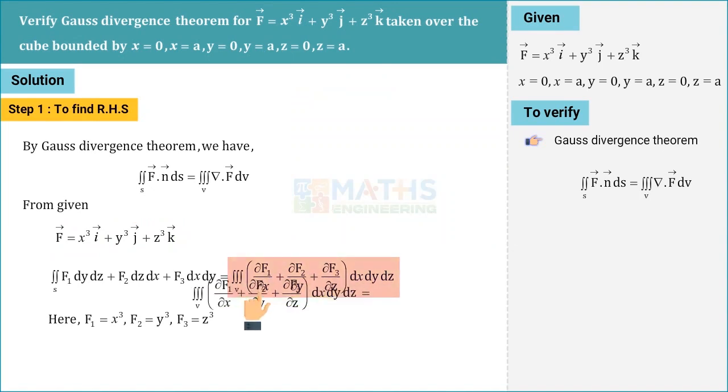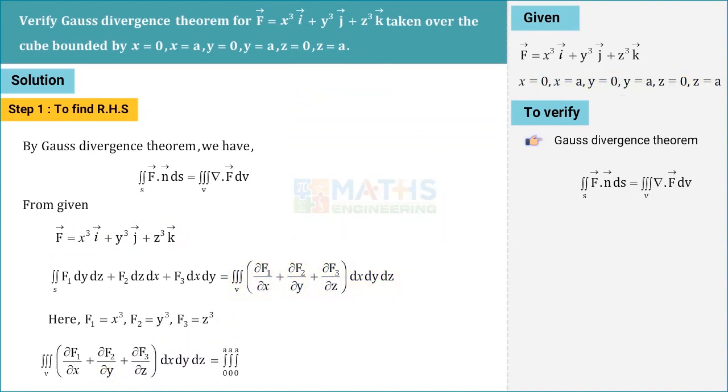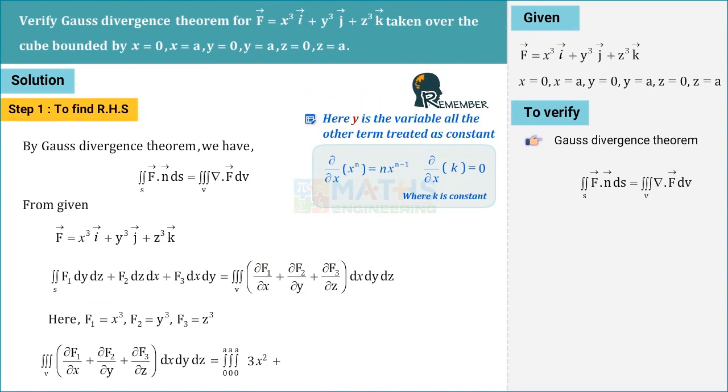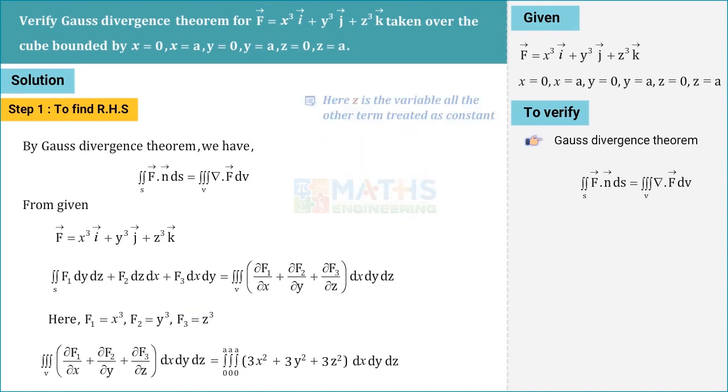We replace in the right hand side dou f1 by dou x, differentiation of f1 with respect to x. What do we get? 3x square plus differentiation of f2 with respect to y, 3y square. Next, dou f3 by dou z, differentiation of f3 with respect to z. We get 3z square. We keep dx dy dz as it is.